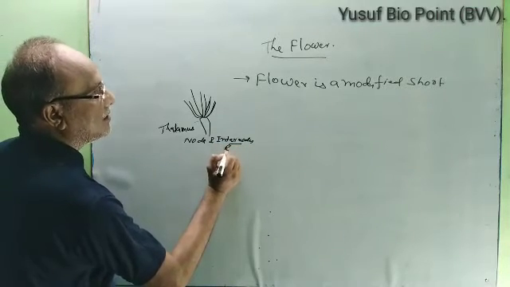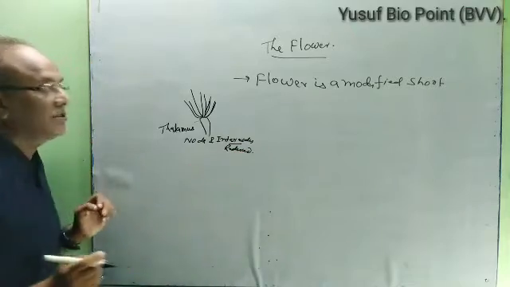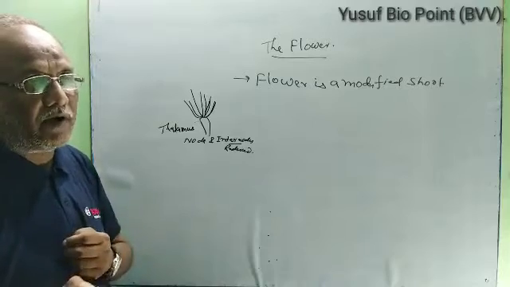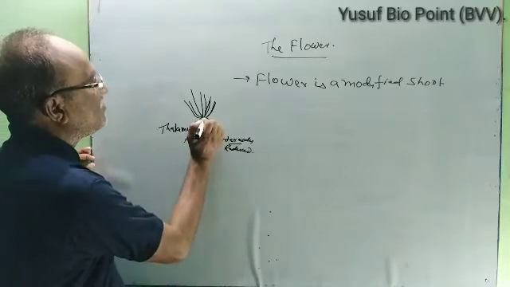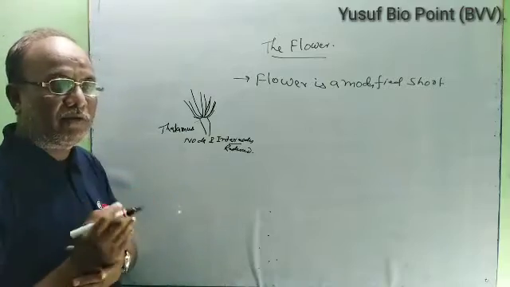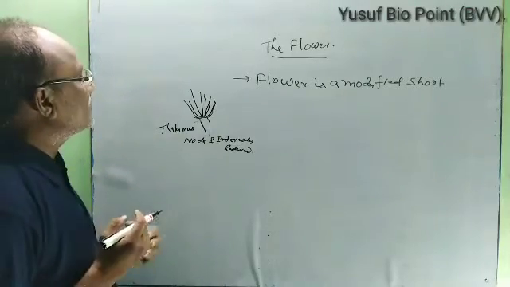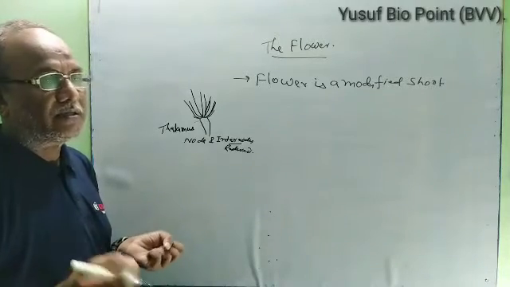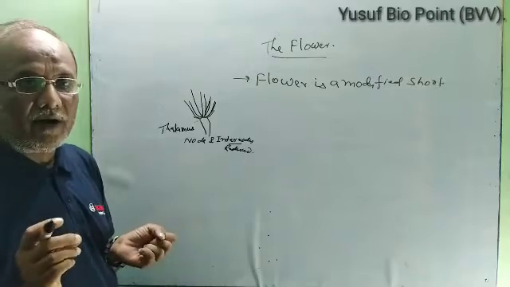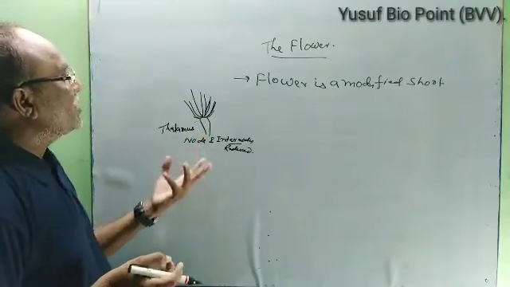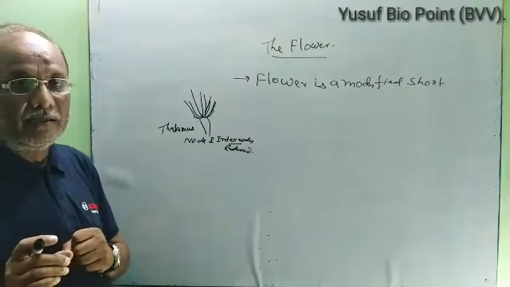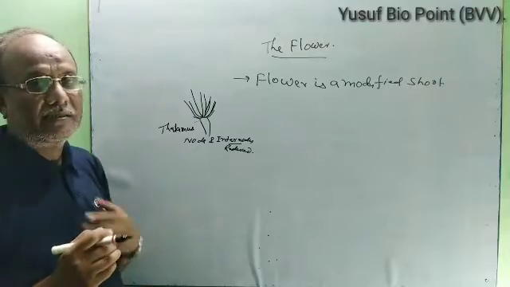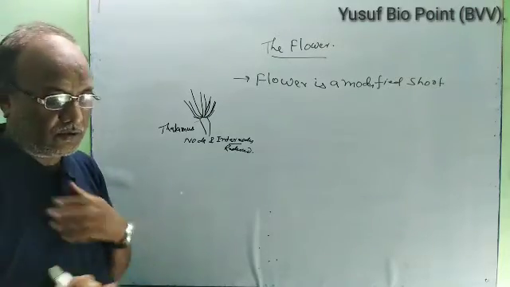Although the internodes are reduced, the leaf-like appendages which are found on the stem develop into sepals and petals. Sepal is green in color, and it is also like a leaf. You can say that these are modified leaf-like structures. So the things which are found on the stem are also found on the flowers. So we can say that flower is a modified shoot.